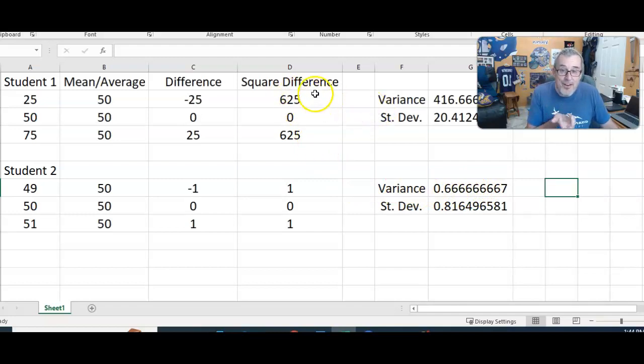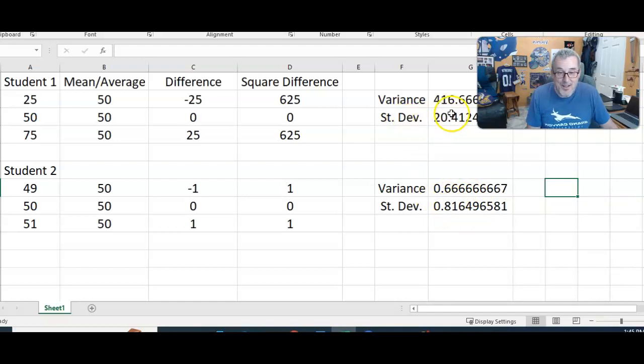But remember, the variance came from squaring the differences. And so to return our data from squaring to not squaring, we take the square root. The square root of this 416 number is about 20.4, and the square root of this 2/3 number is about 0.81.